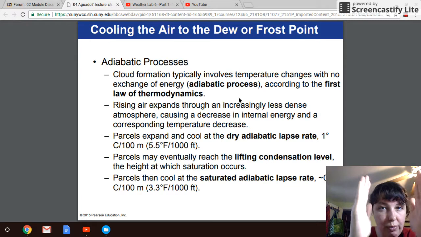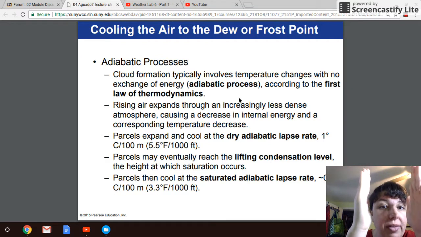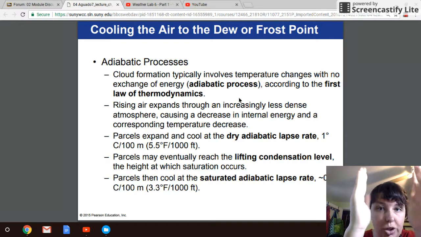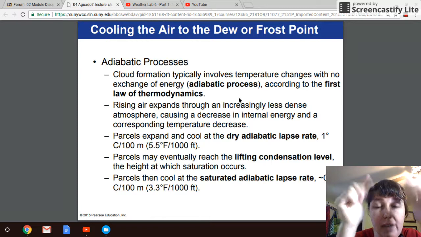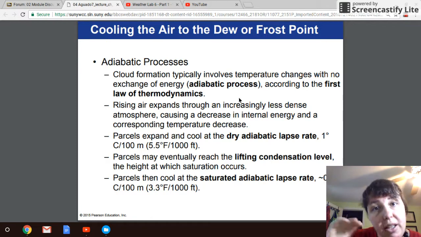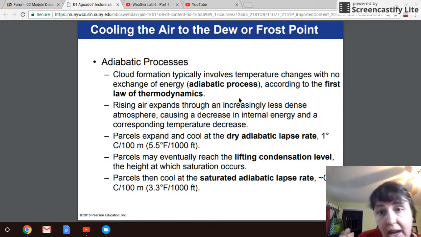It's just the amount of water. As it rises up, it will eventually cool off and meet its dew point temperature. When I hit my dew point temperature, I've hit what's called my lifting condensation level. This is the temperature at which my cloud forms. So if I want to know where the bottom of my cloud is, that is my lifting condensation level.